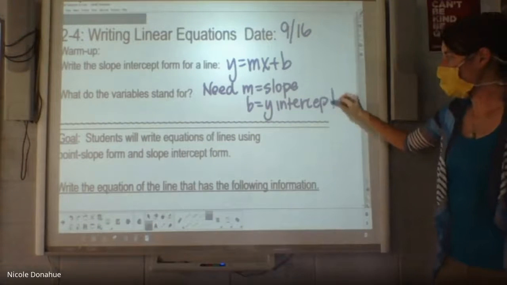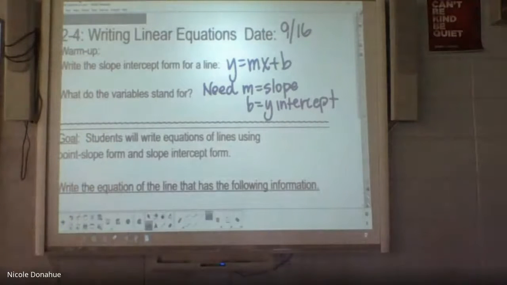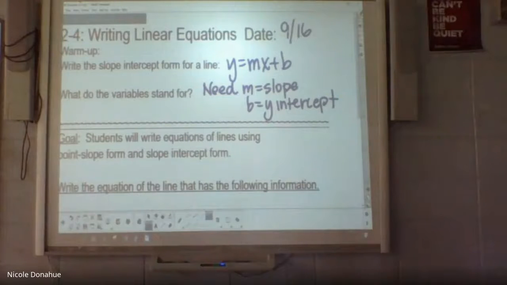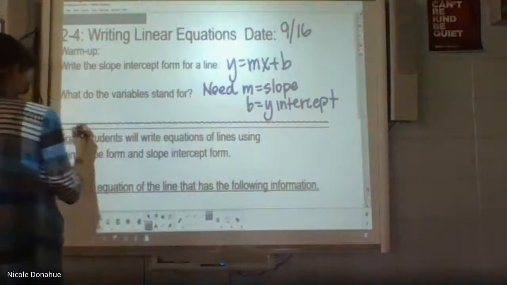Now, if we don't have those, we have means to get them. We're able to get them because we know that there are coordinate points of x and y. There's also a formula for slope. We are able to use that slope formula if needed. Just to remind you, x and y are just different points on that line.